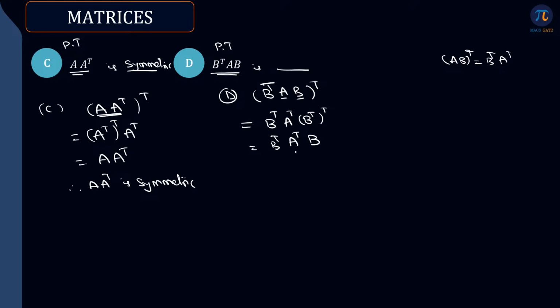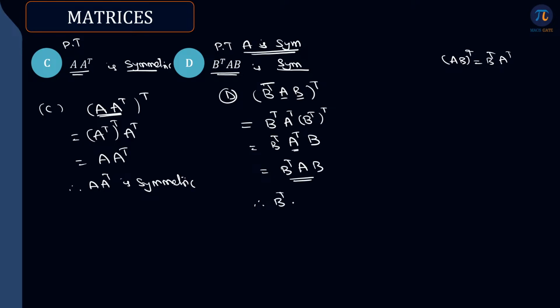If A is symmetric, this will be A. So prove that if A is symmetric, then this is symmetric. If A is skew symmetric, then this is skew symmetric. So it depends on the value of A. Okay. So if A is symmetric, what happens? A transpose is A, so you get B transpose AB, therefore it becomes symmetric.